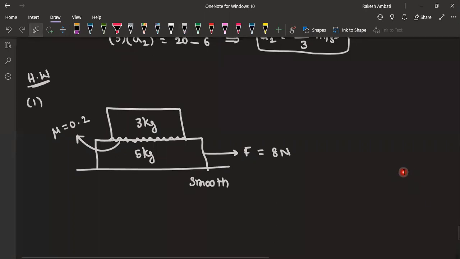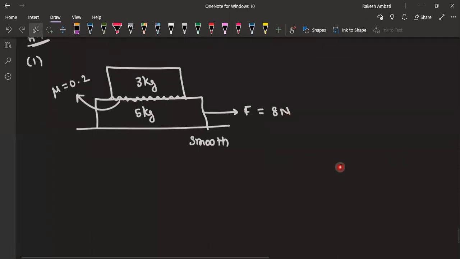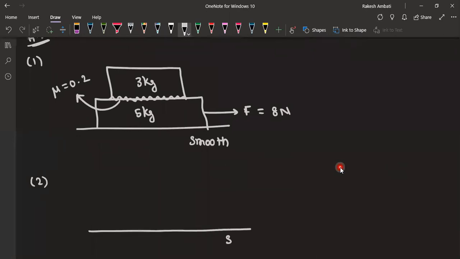Okay, same process you follow. First of all, how to begin with the assumption, and what is the assumption? They are moving both together with the same acceleration. So you find out the F value, and check whether that F value is less than F maximum or greater than F maximum. Accordingly, you proceed. Write down the second homework question. For example, here it is a smooth surface.